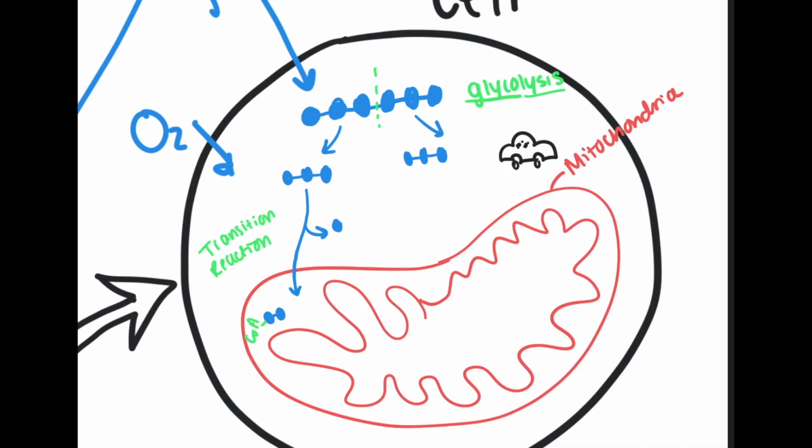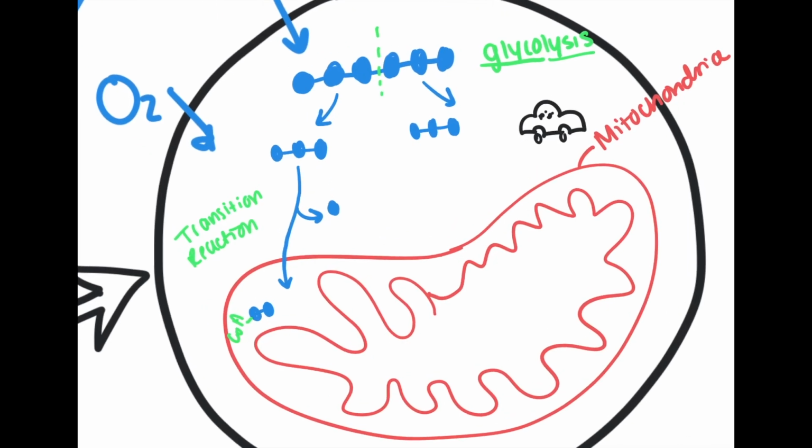So this molecule is called acetyl-CoA, and it's what goes into the citric acid cycle, which is the next big step. This lone carbon, it doesn't just exist as a carbon on its own. That wouldn't really make much sense. Instead, this is CO2.